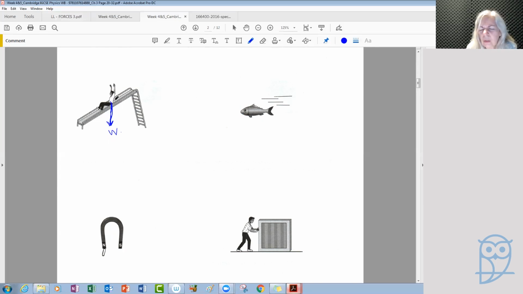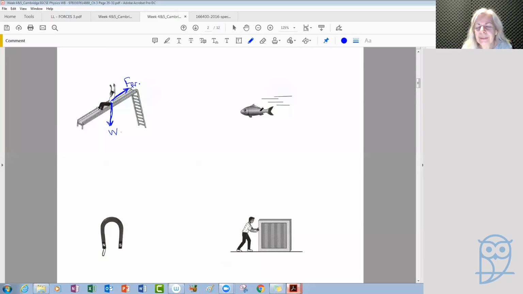We could also draw the force of friction, because when things slide, usually there is friction. And obviously the boy slides downwards, which means the force of friction is in the opposite direction to the motion, opposes the motion. We can call it F friction, this one exerted by the surface of the slide on the boy.